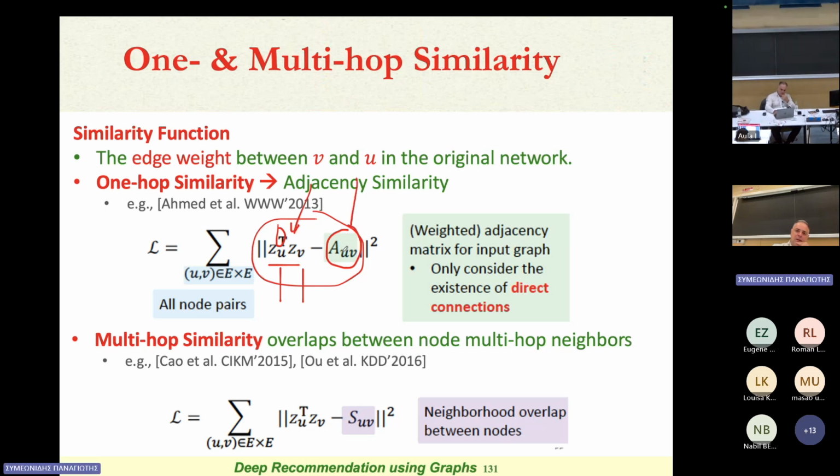The ground truth could be, for example, the rating of user U over item V. But instead of having the user-item rating matrix, you can have a matrix of similarities of nodes. You can express it in this way by using the multi-hop similarity measure.